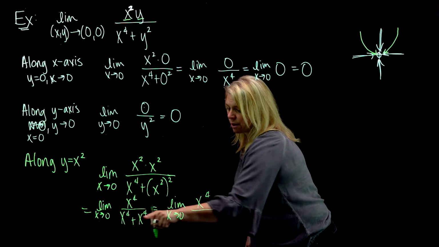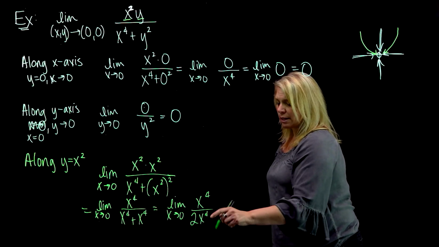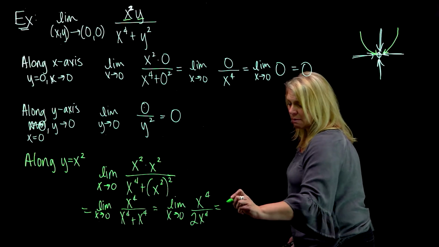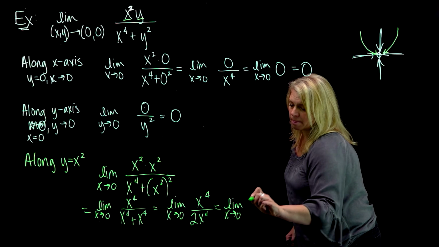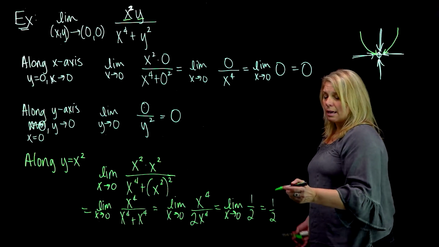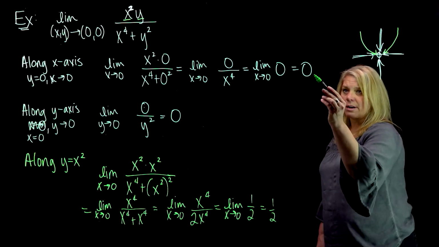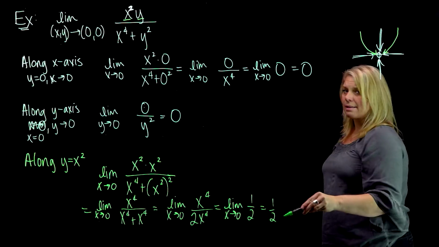So I have x to the 4th on the numerator and 2x to the 4th on the denominator, and that all reduces to 1/2 without worrying about what x is approaching. So I got 1/2. And the key thing is that 1/2 is different from what I got on these other paths here.